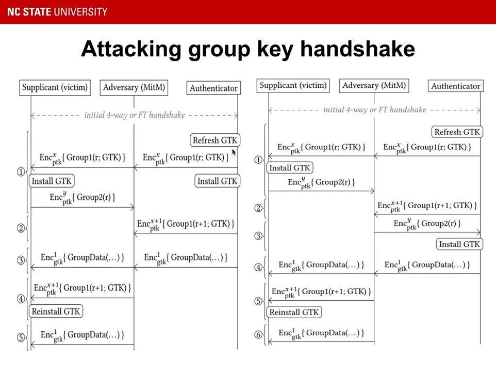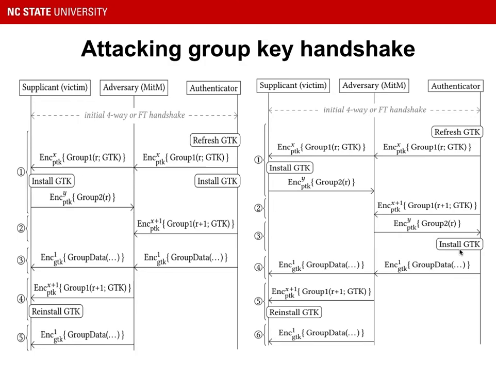And here we see the two cases of the group key handshake attack. The key difference between the two cases is the timing of the GTK installation on the AP side. On the left here, the AP immediately installs a new GTK right after sending out message 1 to the clients.